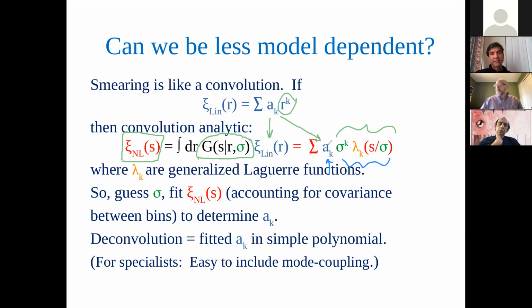Once you've done that, then these coefficients A_K, you just plug into this expression here. And that does the deconvolution analytically. Okay, so you will get the linear theory correlation function that corresponds to the nonlinear one that you observed.